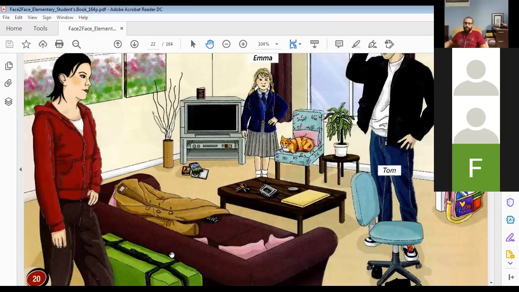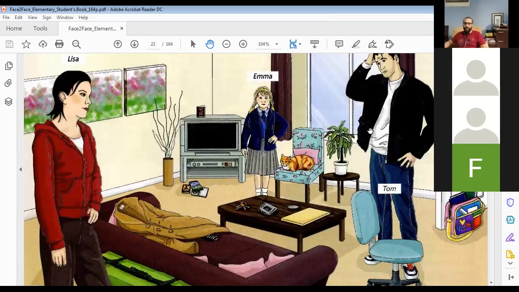So in questions with whose, there is a long answer and a short answer. If you want to just give the short answer, just say the person, right? So if I say whose suitcase is this, you just give me the name of the owner. Tom's. That's all, right? Or for example, whose DVDs are these? Lisa's.